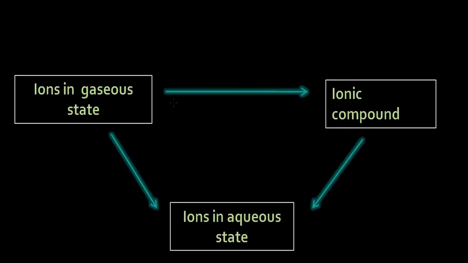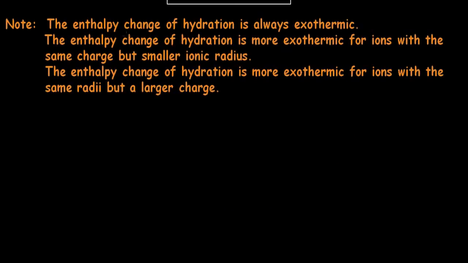Here is a Hess cycle to explain the whole process of enthalpy of solution, but before we understand this cycle, let's understand a few more points. We need to know that the enthalpy change of hydration is always exothermic because a bond is formed between the ions and water molecules, and as it's a bond forming process, the process is always exothermic.